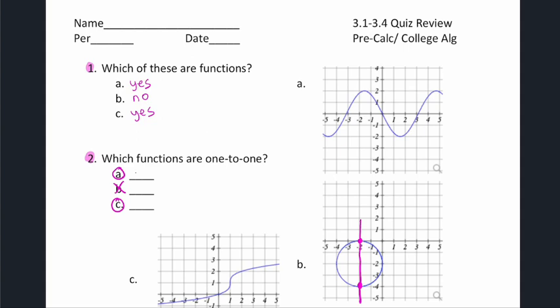So A is a no. And then C, if we check every single horizontal line, it does actually only hit it once. So that one is one-to-one. So I'm going to give you 3 graphs, and I'm going to ask you, are these functions, are they one-to-one?